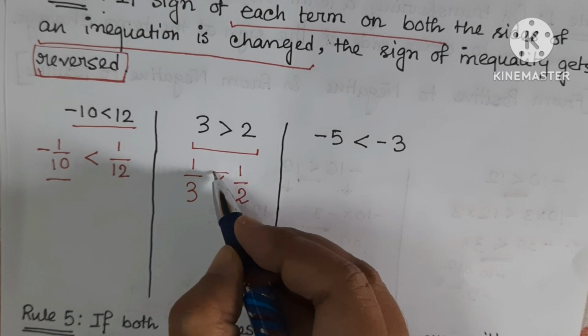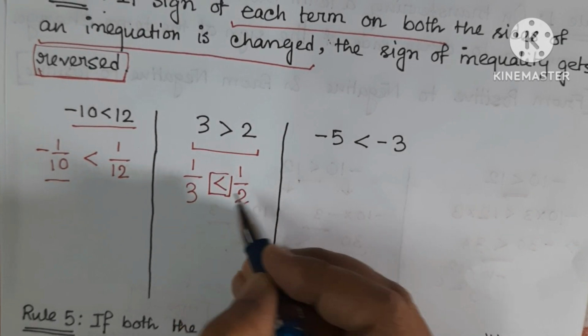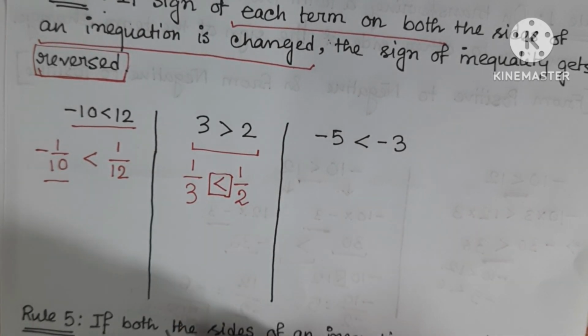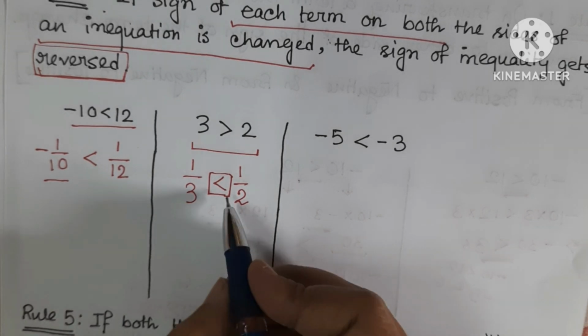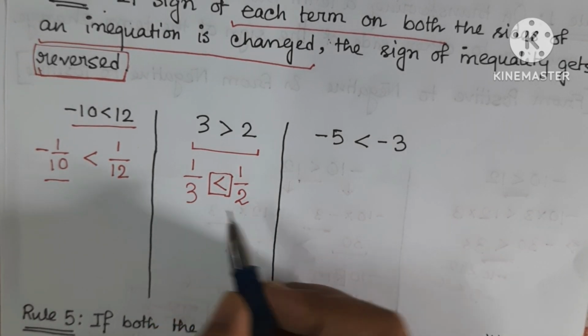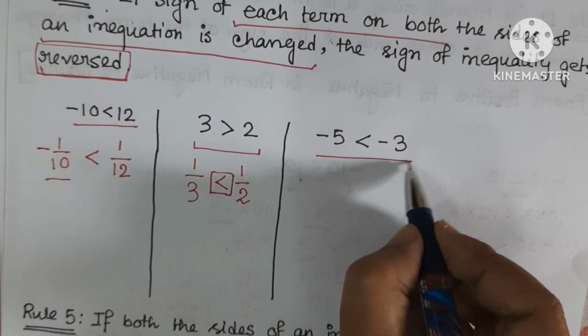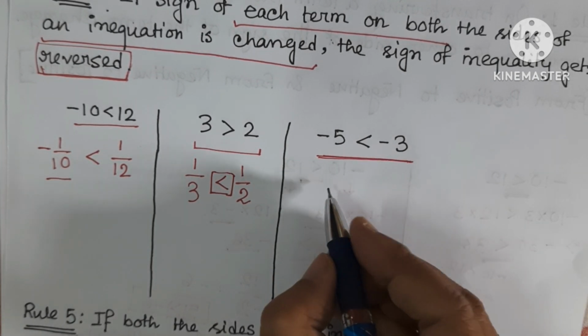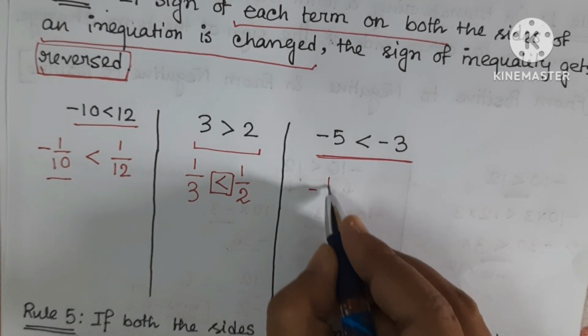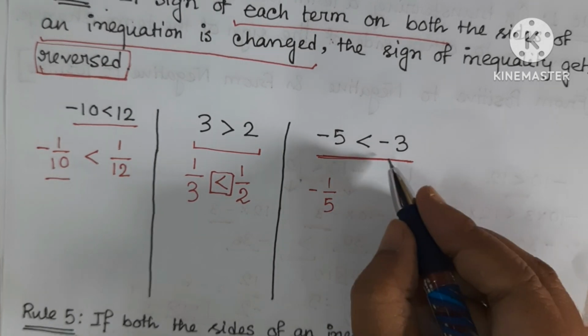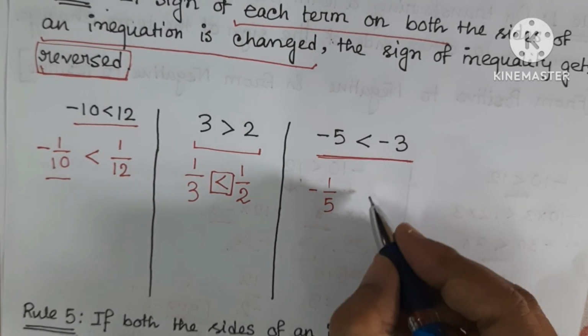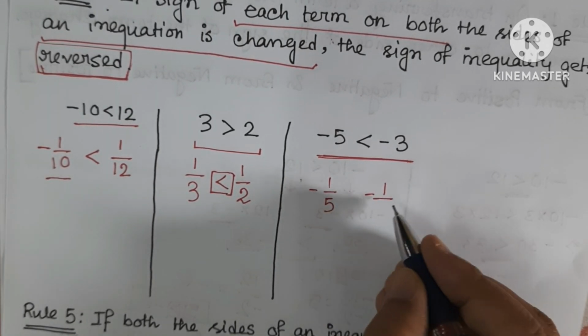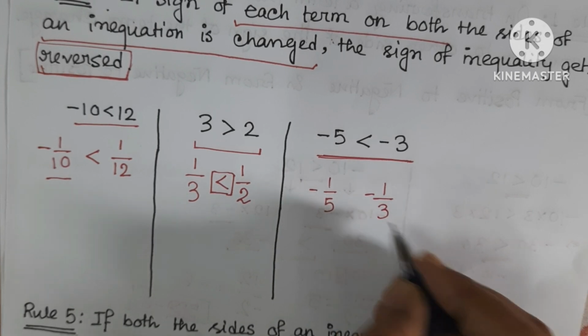So in that case, the sign of inequation has changed. Now in case of this inequation, let's see what happened. The reciprocal of minus 5 is minus 1 by 5, and the reciprocal of minus 3 will be minus 1 by 3.